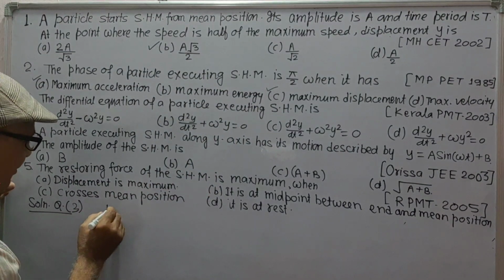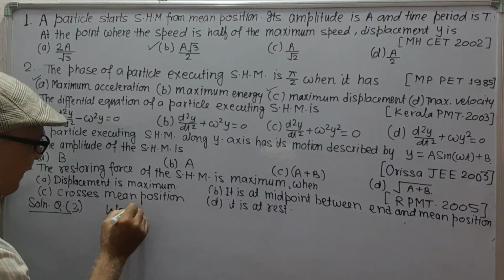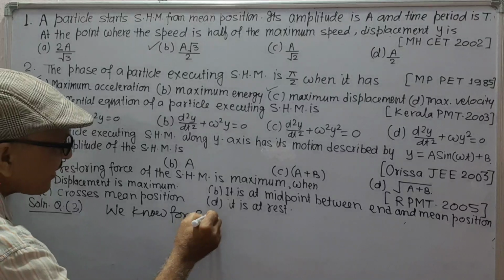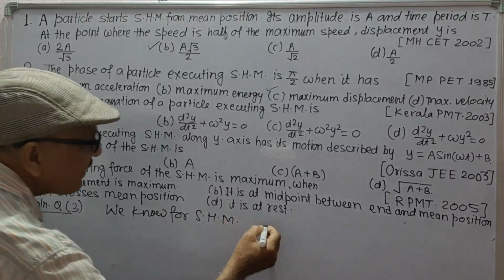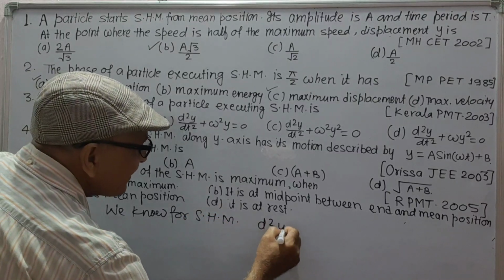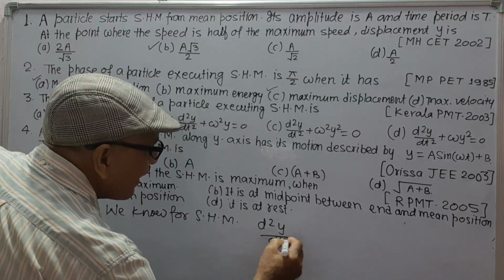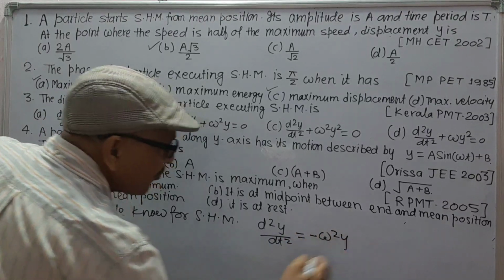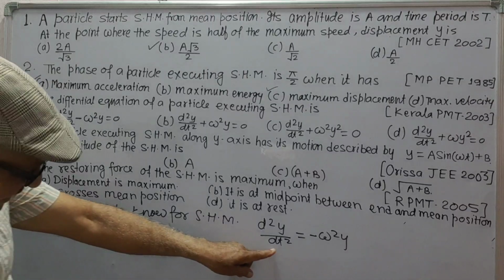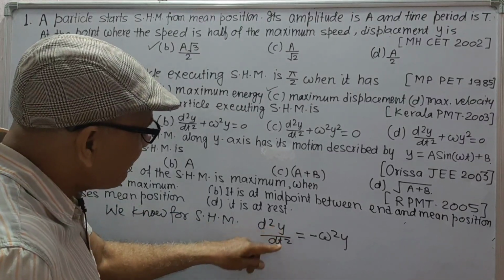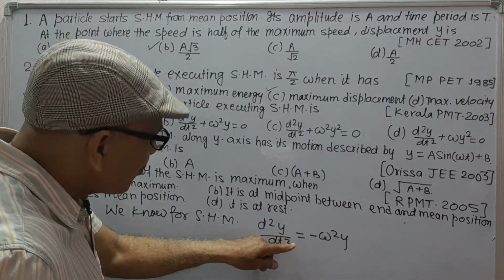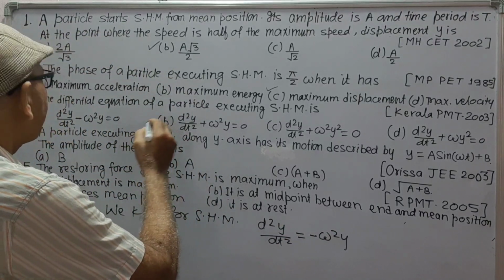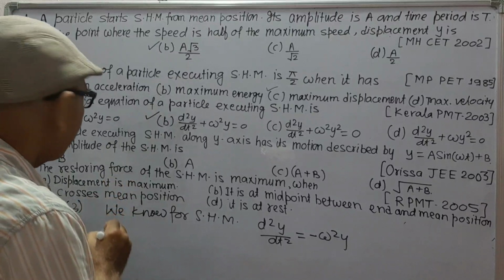We know for simple harmonic motion, acceleration is equal to minus omega square into y. Hence, it will give d2y upon dt square plus omega square y is equal to 0. So, the correct option will be B.